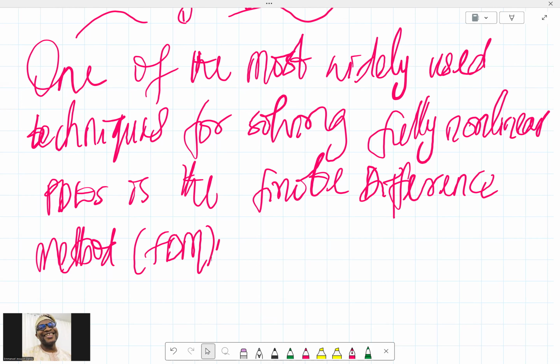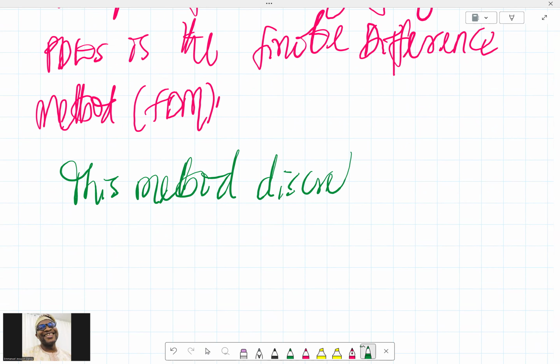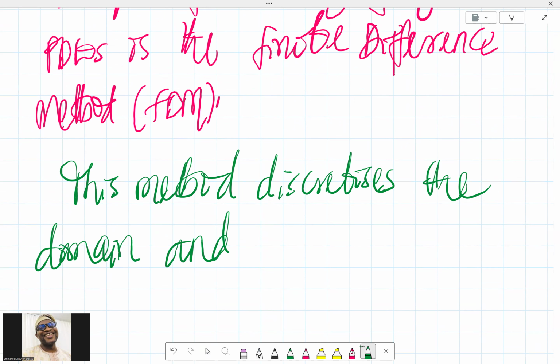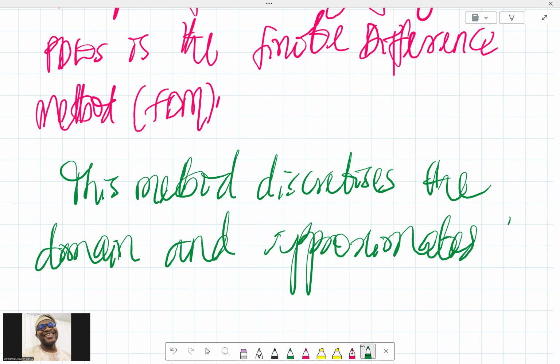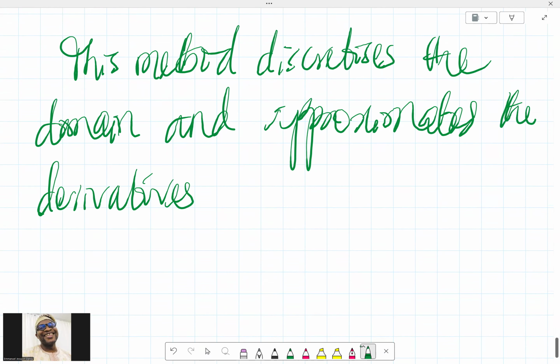This method discretizes, so it turns a continuous function into a discrete function, so to speak. This method discretizes the domain and approximates the derivatives by finite differences.